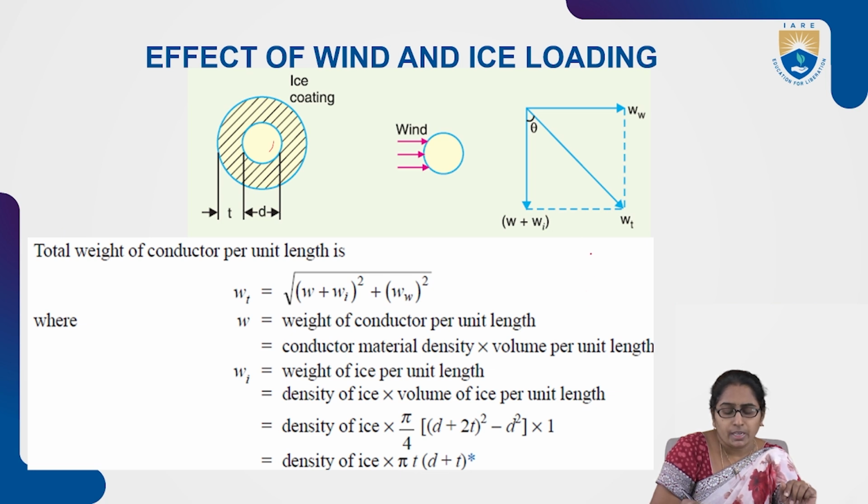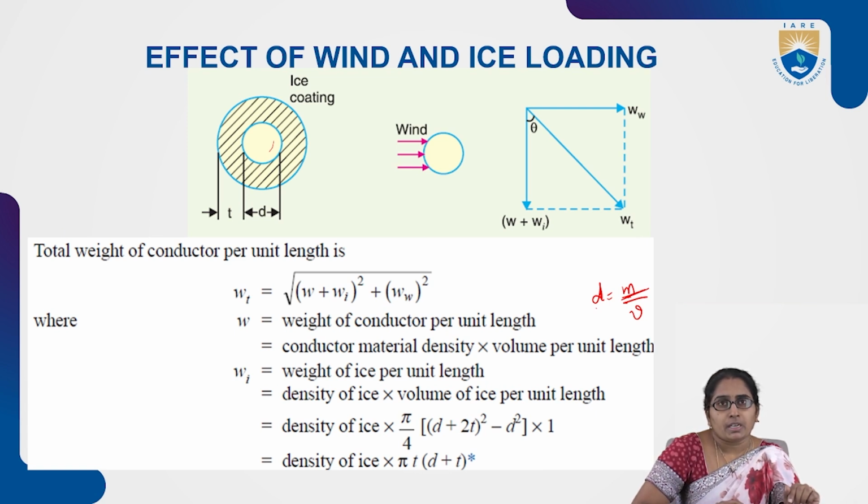Conductor weight can be calculated as density equals mass by volume. So the weight of the conductor is nothing but the conductor material density multiplied with the volume of the conductor per unit length.